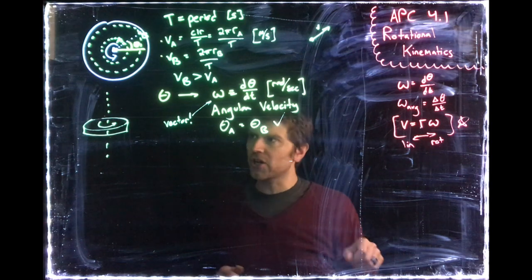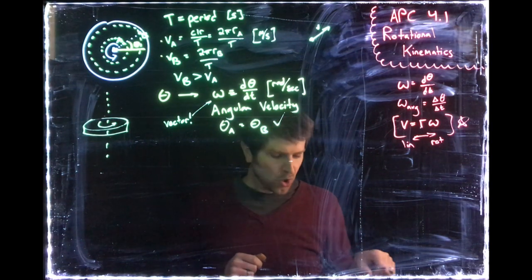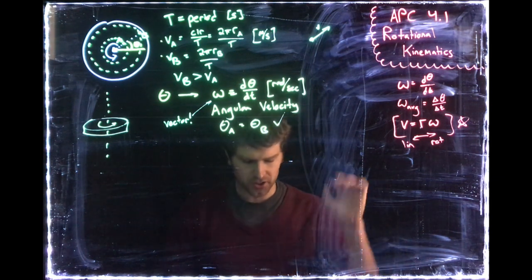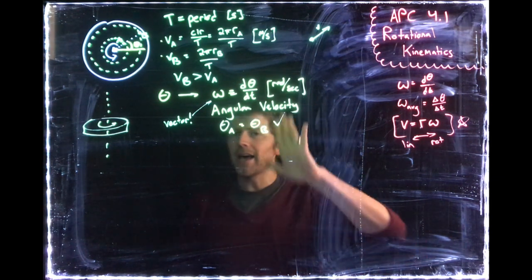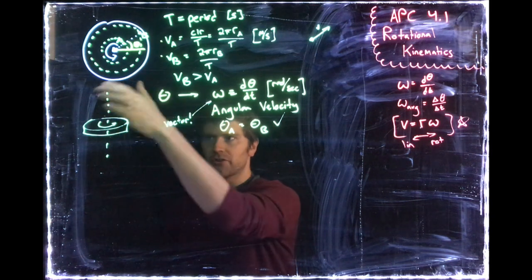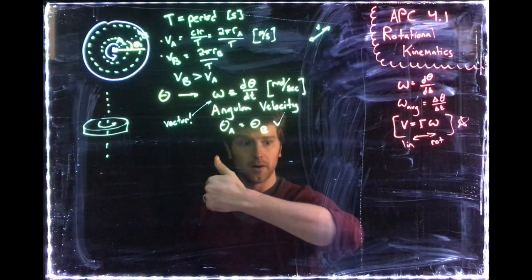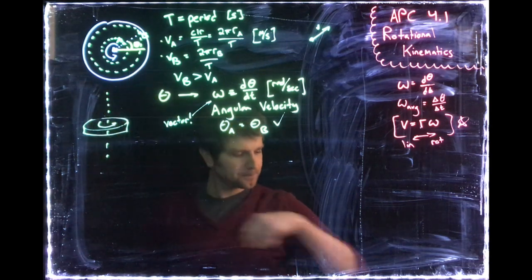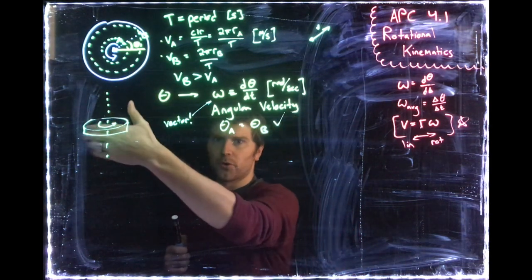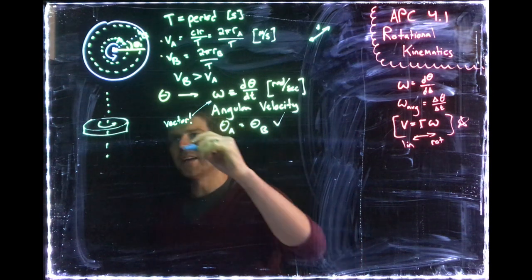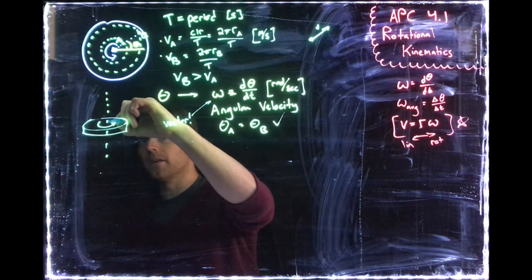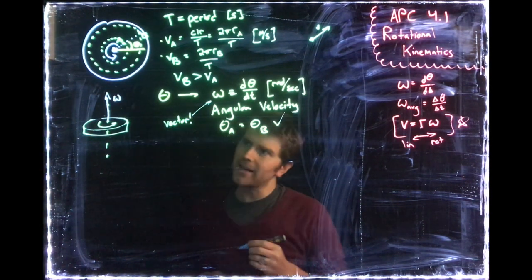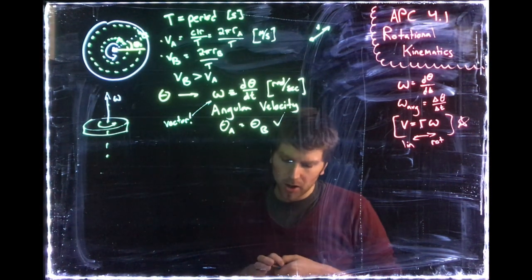In order to find the direction of the vector omega, I'm going to take my right hand, and curl my fingers in the direction of rotation, at which point my thumb is forced to point up along the axis. And so in fact, the angular velocity vector points directly upward along the axis.